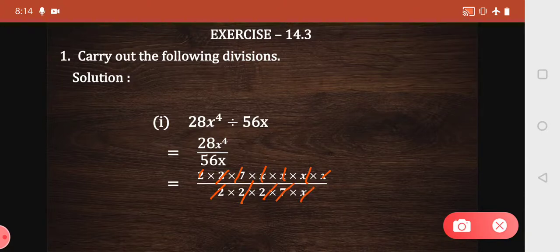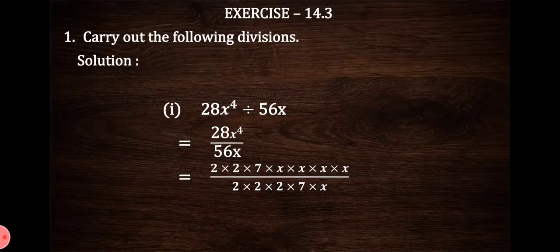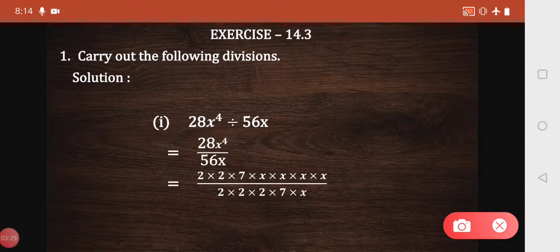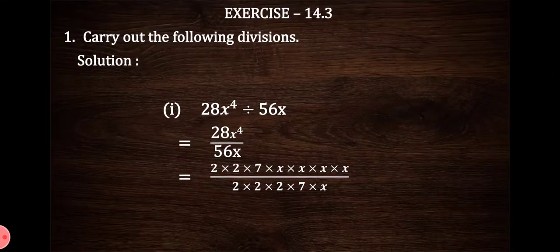Now, after writing the factors, let's see what we can cancel in the numerator and denominator. Yes, you can cancel here. See, this 2 times 2, here also 2 times 2. 1 time 7, 1 time 7. 1 time x, 1 time x. Now, whatever is remaining, we will write as our answer, that is equal to 1 upon 2 x raised to 3.